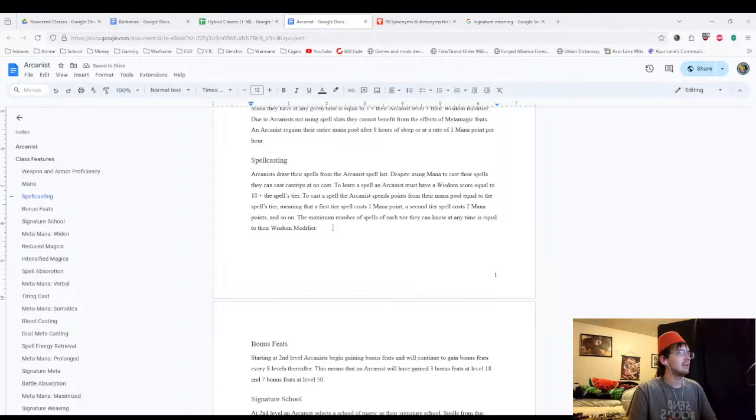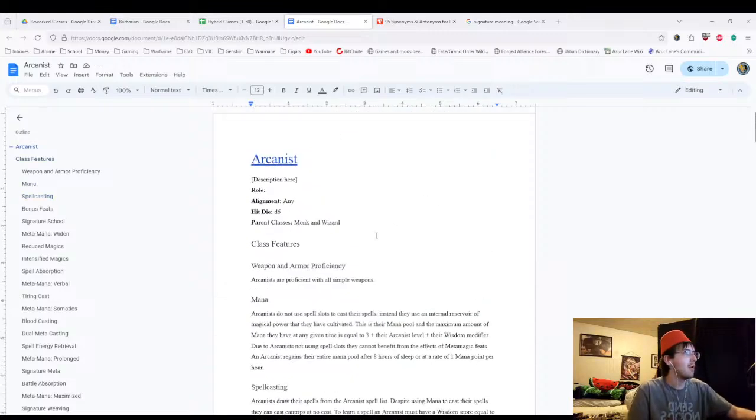Wait, no, the maximum number of spells they can know at any time is equal to their wisdom modifier. Yeah, there we go. That way I don't have to make a chart, because I might change it to where the chart comes into play, but for right now I think this works.